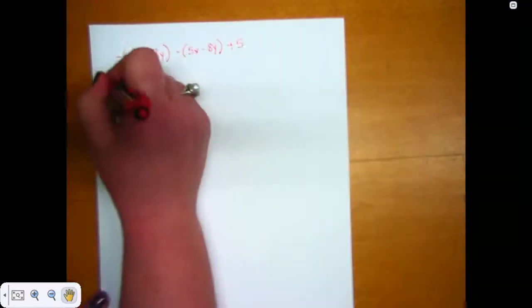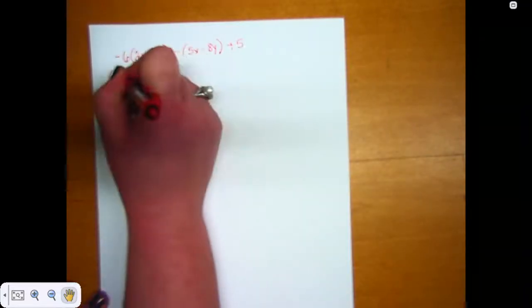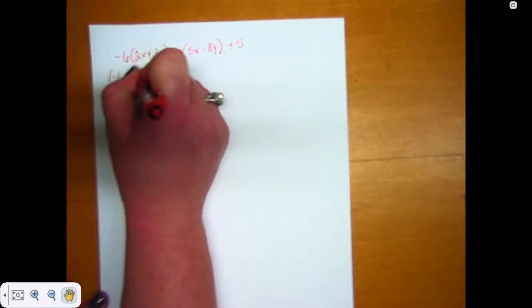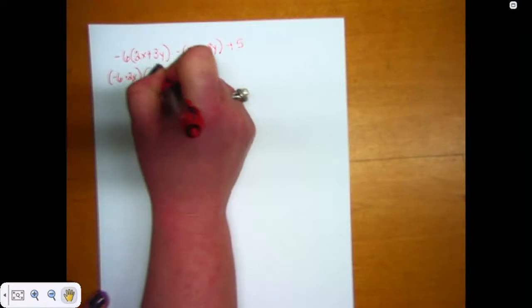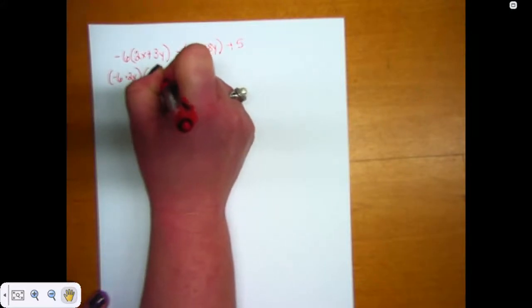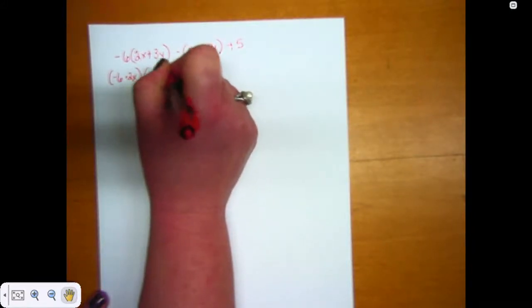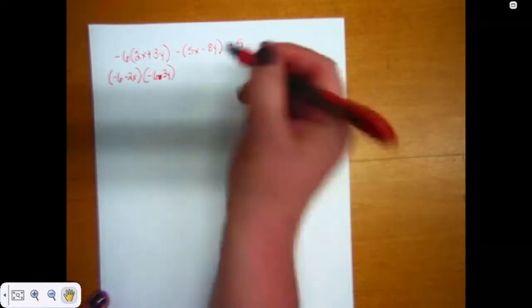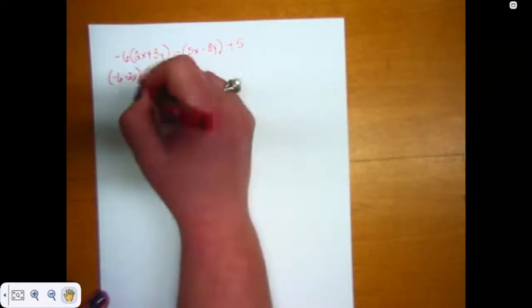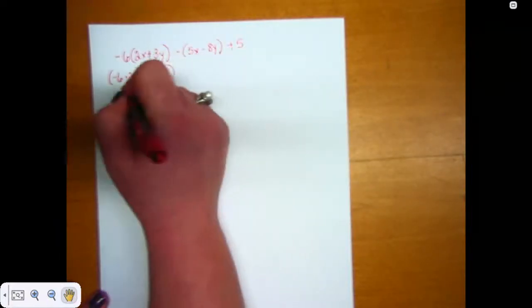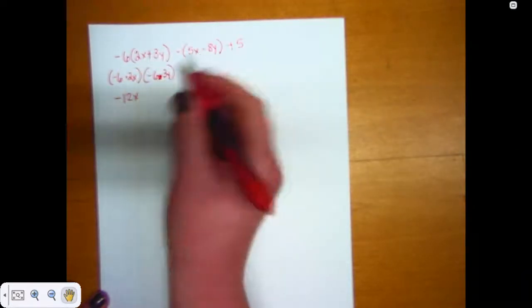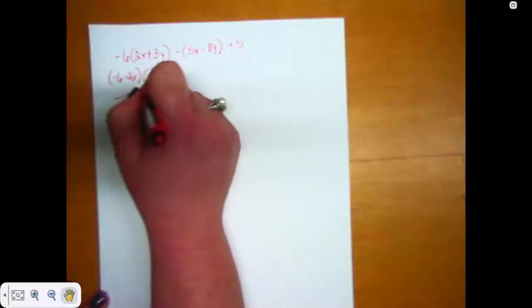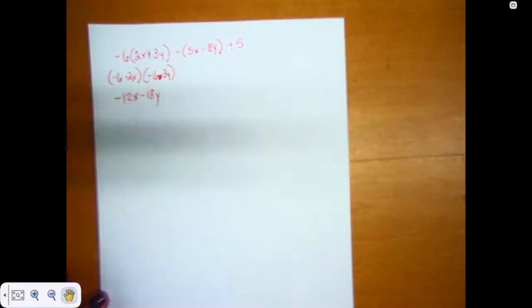So this would be -6 times 2x and -6 times 3y. And then that would be -6 times 2x is -12x, and -6 times 3y is -18y.